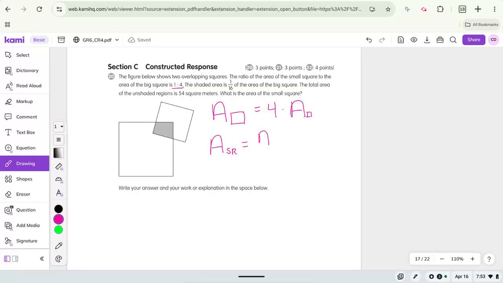So if you take the area of the big square and divide it by 16, you'll have the area of the shaded region. But remember, the area of the big square is just 4 times the area of the little square. So if I make that substitution, 4 over 16 reduces to 1/4. So the area of the shaded region is the area of the little square divided by 4.